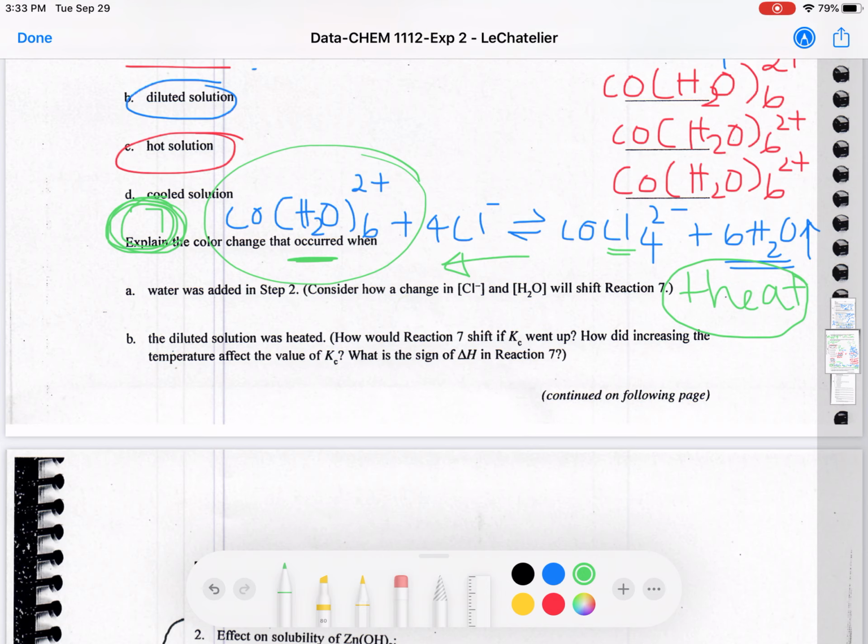Since we find the heat as a product, the sign of delta H is going to be less than 0, meaning it is negative, which is an exothermic reaction. In an exothermic reaction, as you increase the temperature, Kc will decrease. And so we only do the ABC parts.